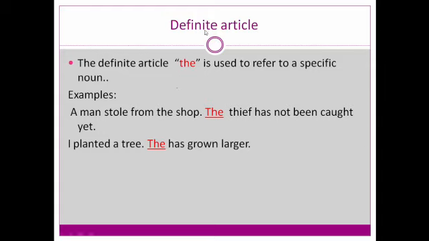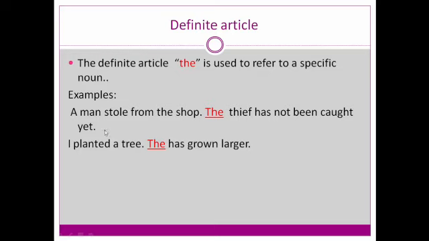Just to understand the difference between definite and indefinite articles: definite means certain, sure. If you want to point out a specific noun, you can use the.